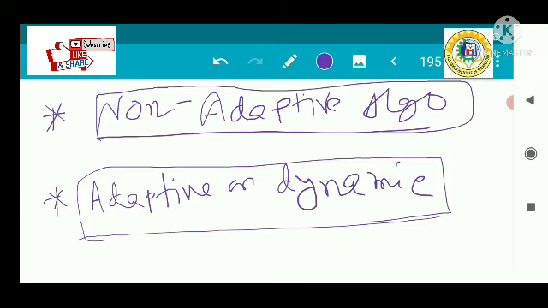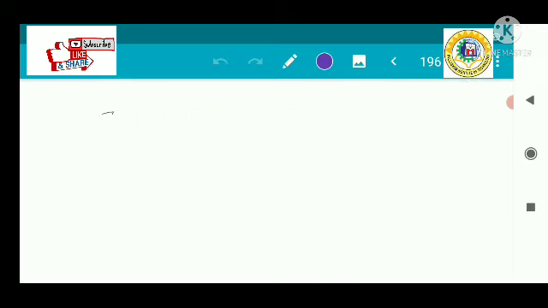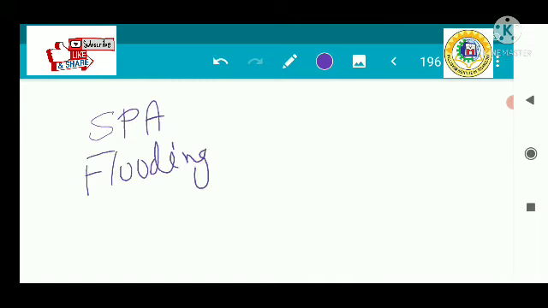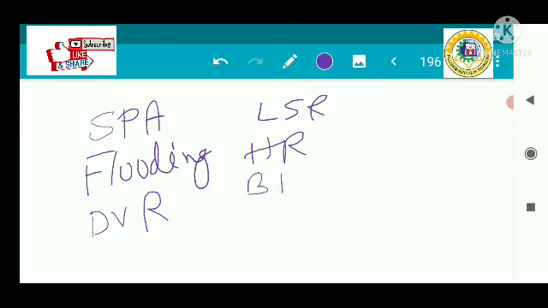I am just writing some of the names: the shortest path algorithm, flooding, distance vector routing, link state routing, hierarchical routing, broadcast routing, multicast routing and anycast routing. These are the different algorithms.